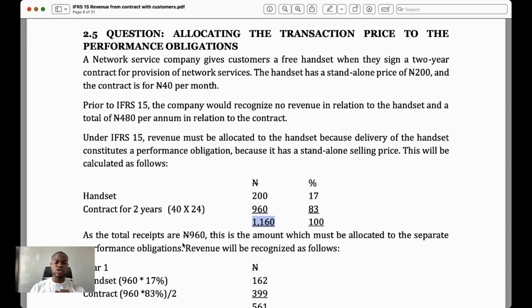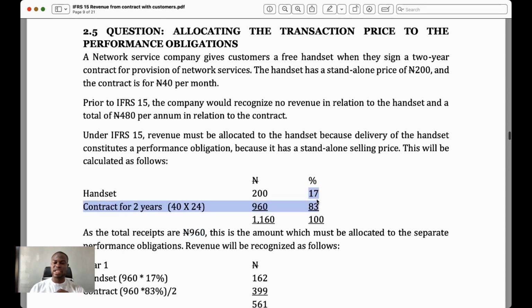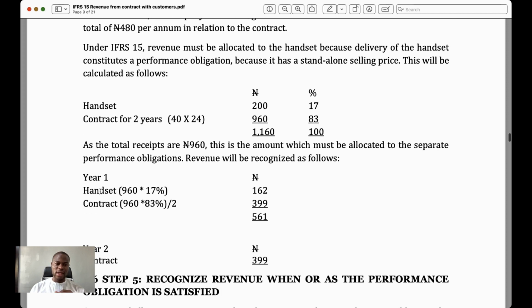However, since the total money we are expecting in the contract is 960, it is this 960 we are going to allocate to each of these separate performance obligations in proportion to their standalone selling prices. So we are allocating this 960 in this proportion: 17% to the handset, 83% to the contract for 2 years. In year one, for the handset, we recognize revenue of 17% of the 960, which is 162.